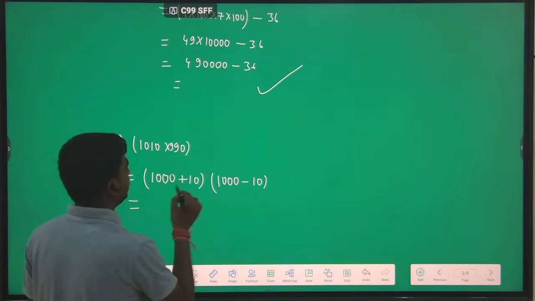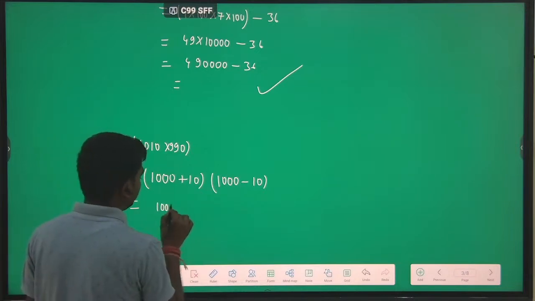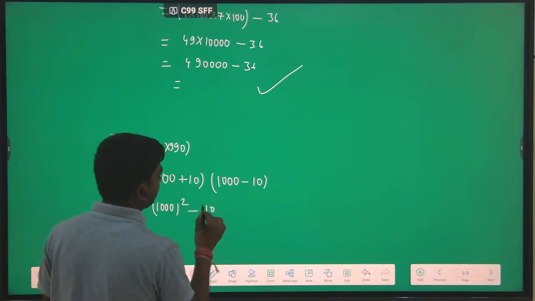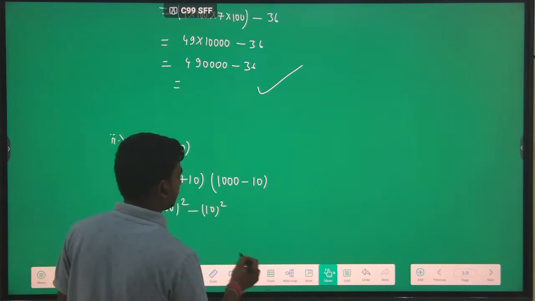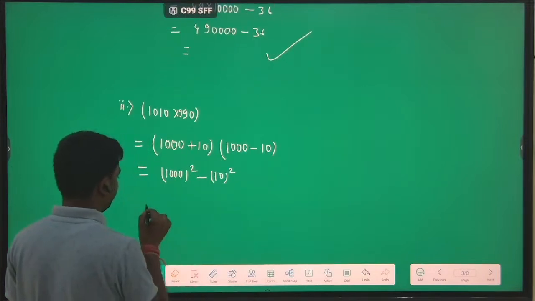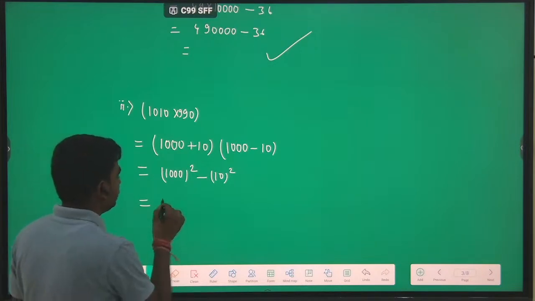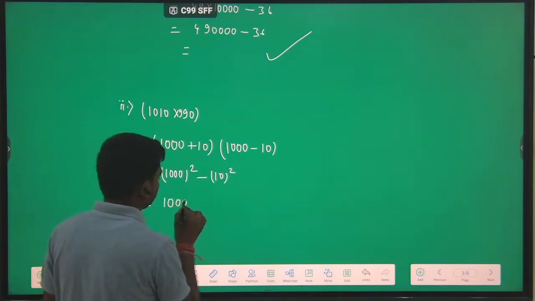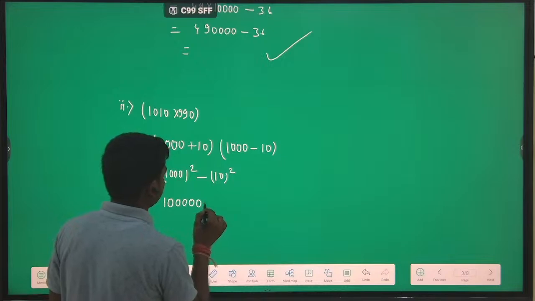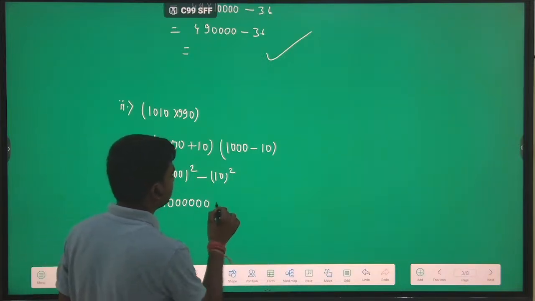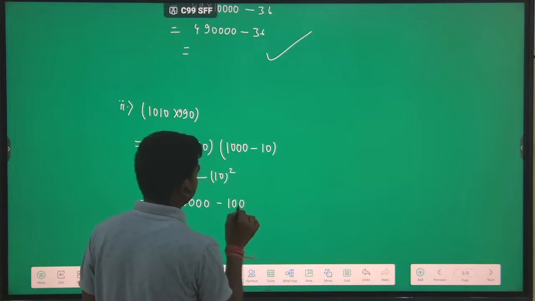So what will be here? A square, that means 1000 to the power 2, minus b square, that means 10 to the power 2. What will we get as the value? 1000 square will be 1,000,000, which has 6 zeros, minus 10 square, which is 100.